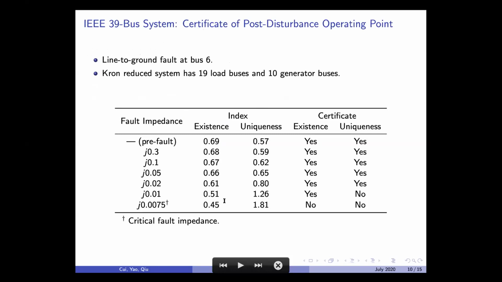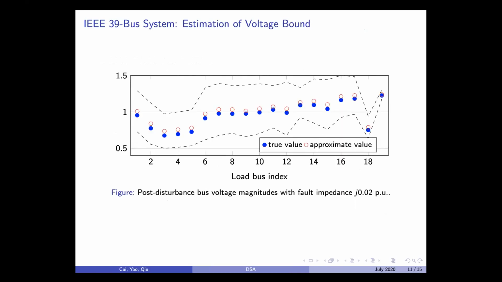As we can see from the table, except for the last row where the fault impedance is at the critical value, rendering the system to voltage collapse, for all other conditions, we can actually guarantee the existence of a post-disturbance state. And except for the last two fault impedances, we can also guarantee that the solution is unique within our characterized voltage set. And the voltage set looks like this.